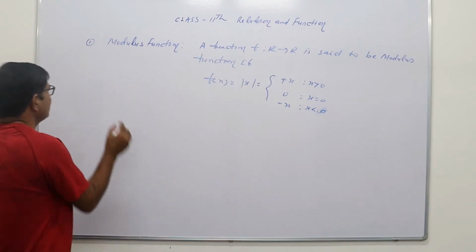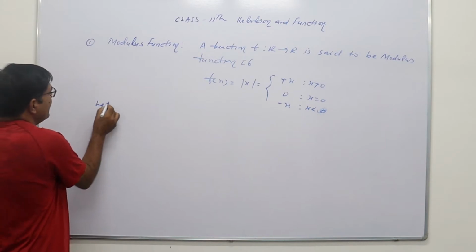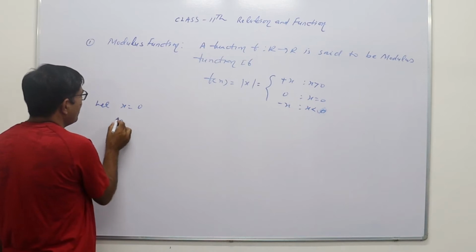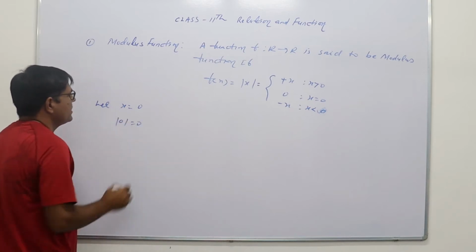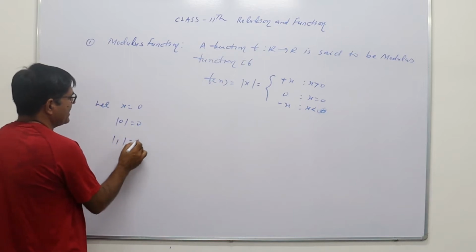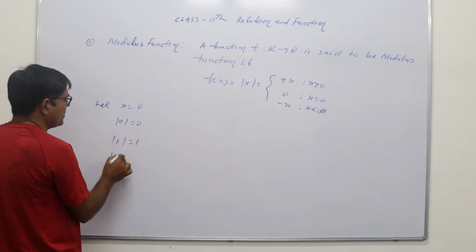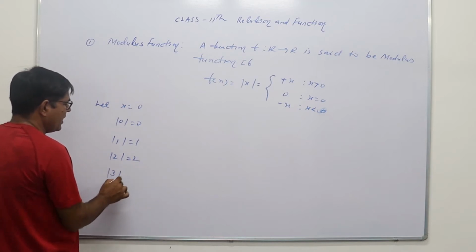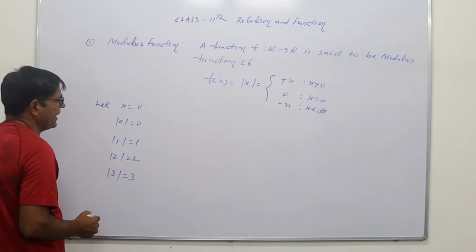So let x is equal to 0, mod of 0 is equal to 0. For x is equal to 1, mod of 1 is equal to 1. x is equal to 2, mod of 2 is equal to 2. x is equal to 3, mod of 3 is equal to 3.